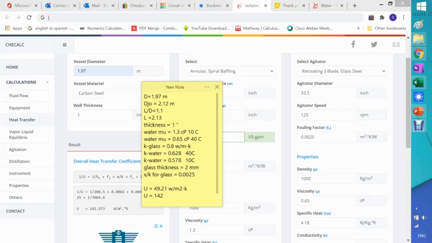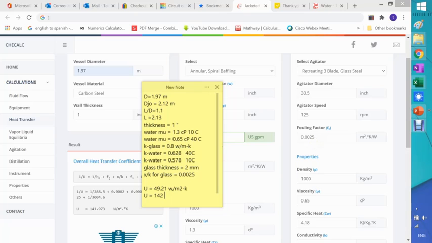Basically, I think I covered everything that has to be discussed with this web page. The only thing, remember where this number comes from. I tweaked the web page so that I can incorporate the glass lining.